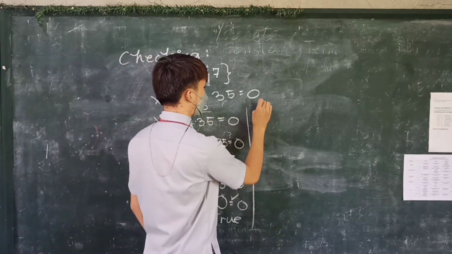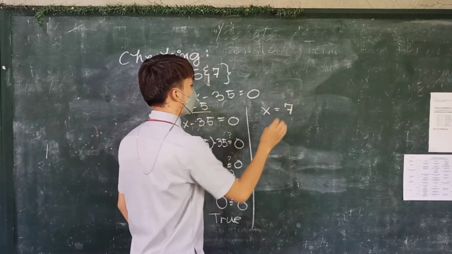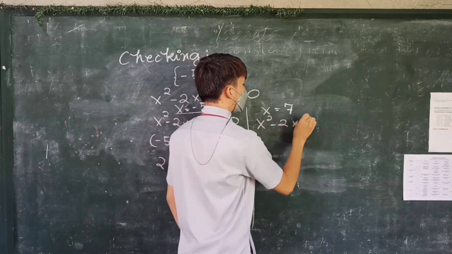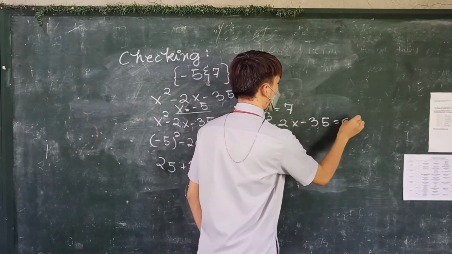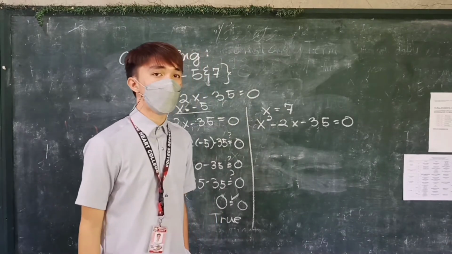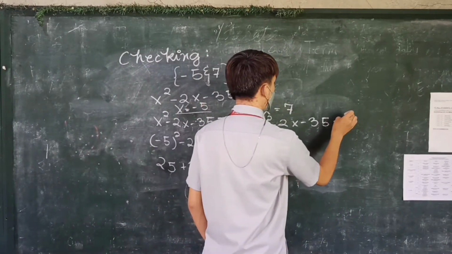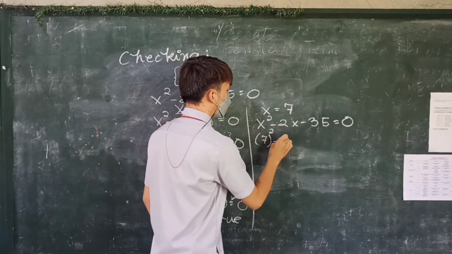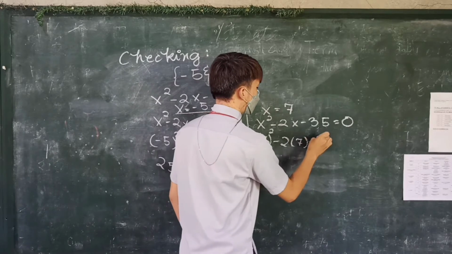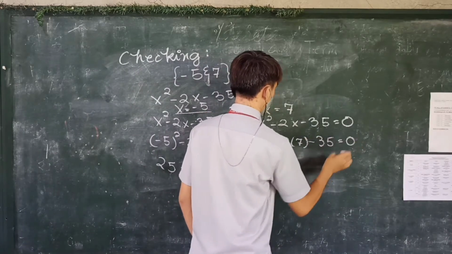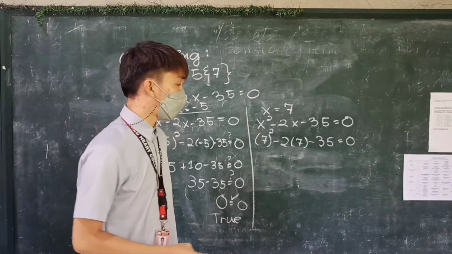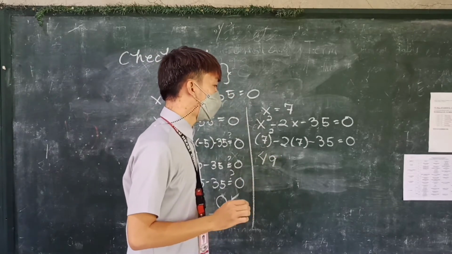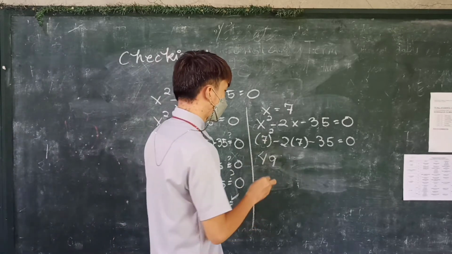Which means that negative 5 satisfies the equation. Next, how about positive 7? We have x equals positive 7. Same equation, x squared minus 2x minus 35 equals 0. We substitute the value of x, which is 7, to the given equation. So we have 7 raised to the power of 2 minus 2 times 7 minus 35 equals 0. 7 times 7 equals 49. Negative 2 times 7 equals negative 14.